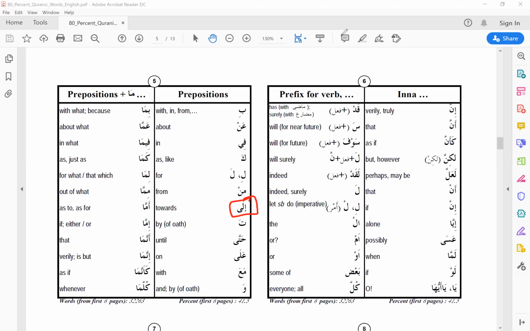The word ta is actually very rare, and it would be by an oath. So tallahi, you would find it only coming before Allah. All right. Tallahi, it's just like wallahi, some people have a habit of saying wallahi. So tallahi would mean something very similar, in that you're actually doing an oath.